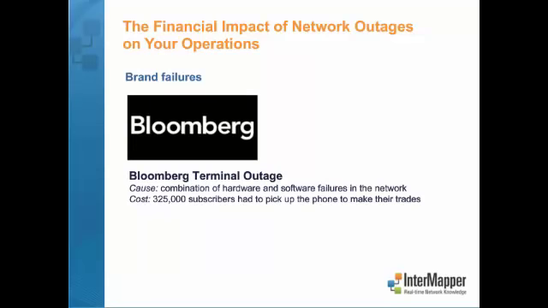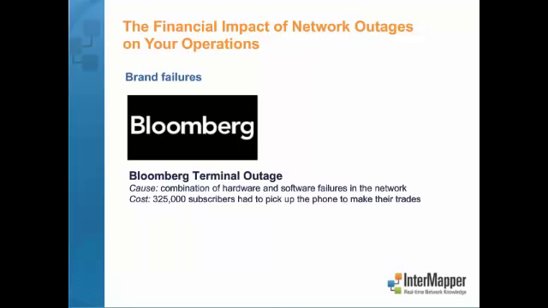Bloomberg, again, we all know Bloomberg, large company, well known in the financial industry. Their issue, they had a terminal outage. So again, this was a combination of hardware and software failures within their network. For those who don't know, Bloomberg terminals are widely used in the financial industry, and these things go for probably $2,000 a pop.